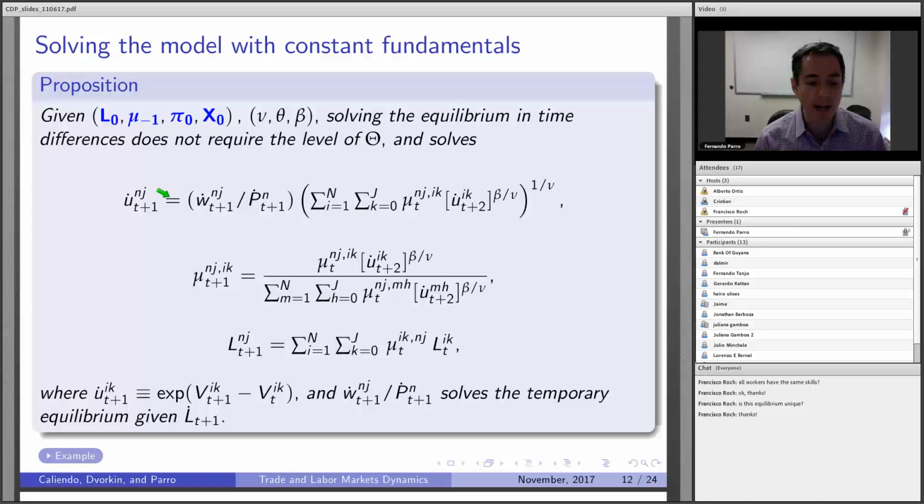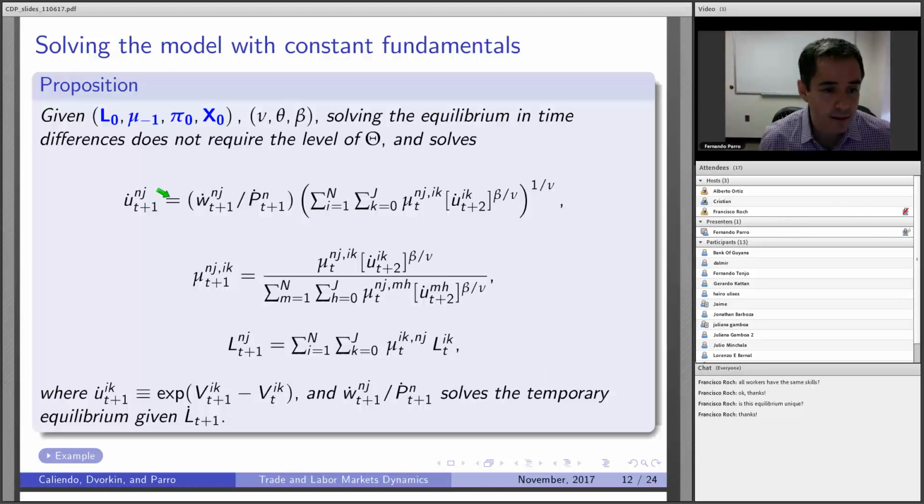So bottom line of this solution method, we have this proposition that summarizes what we can do with it.